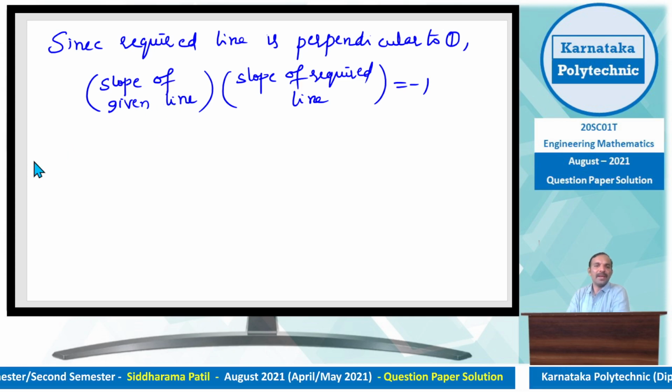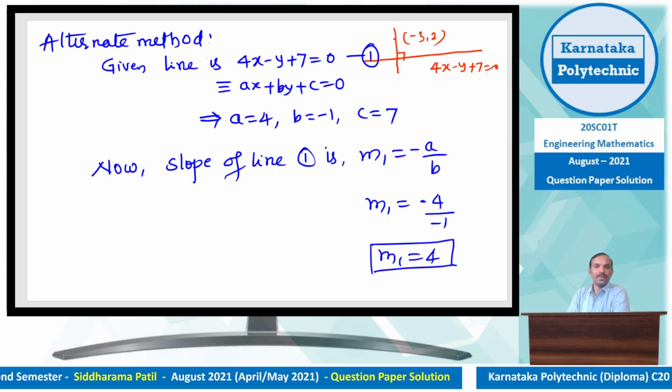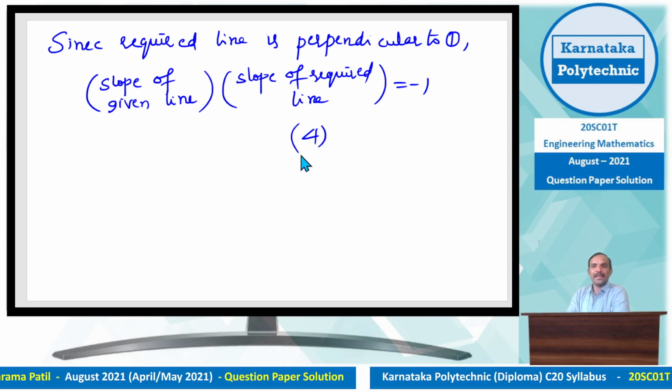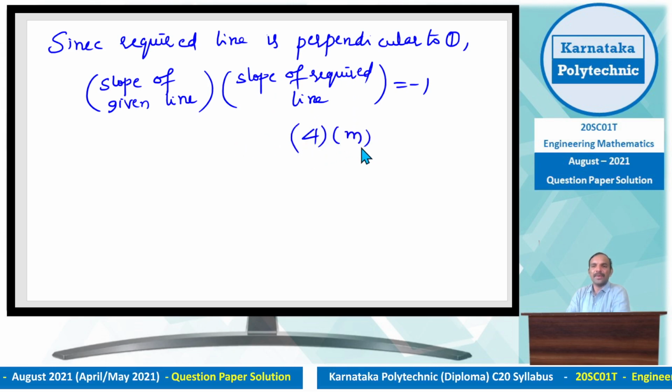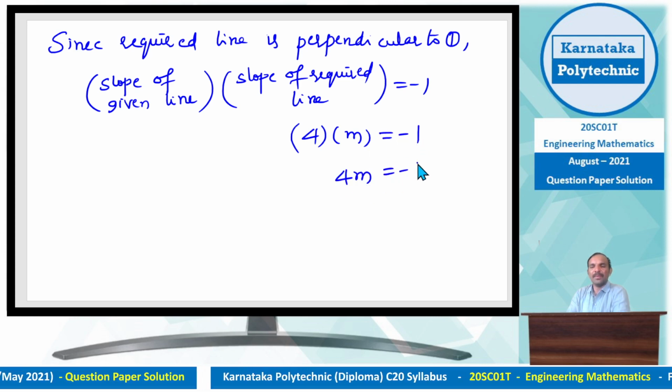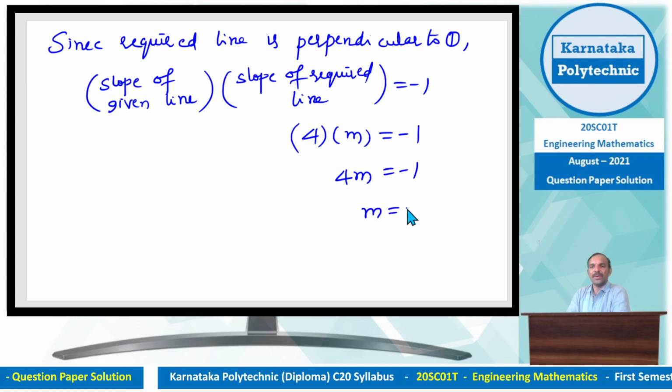The slope of given line is 4. Take slope of required line as m. 4m equal to minus 1. m equal to minus 1 by 4.